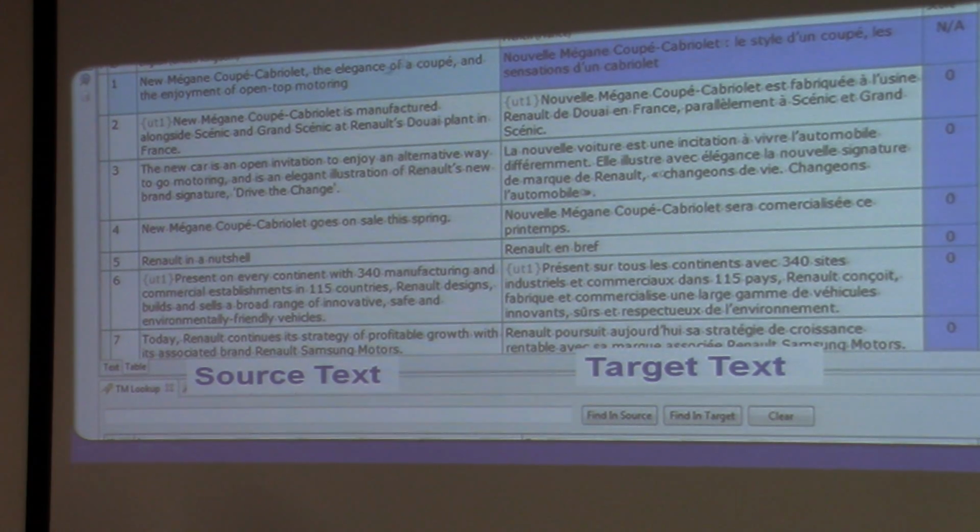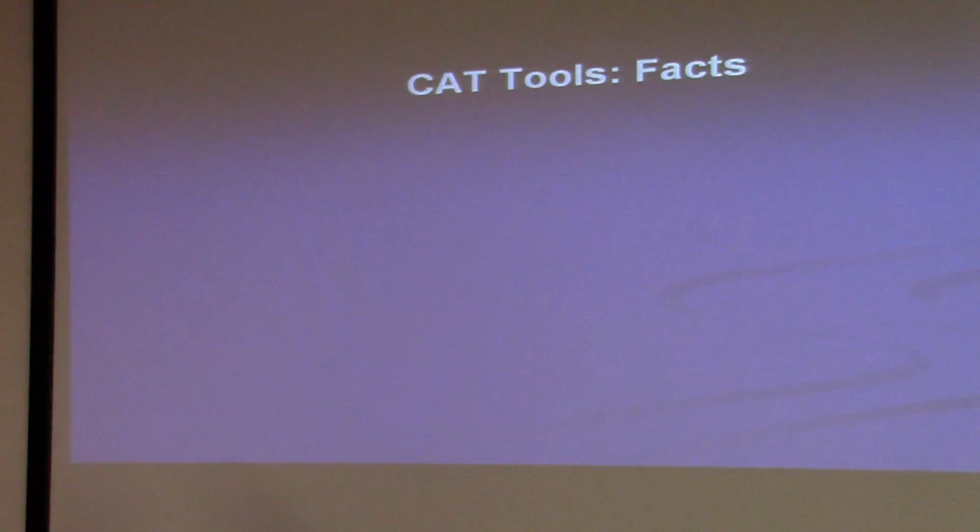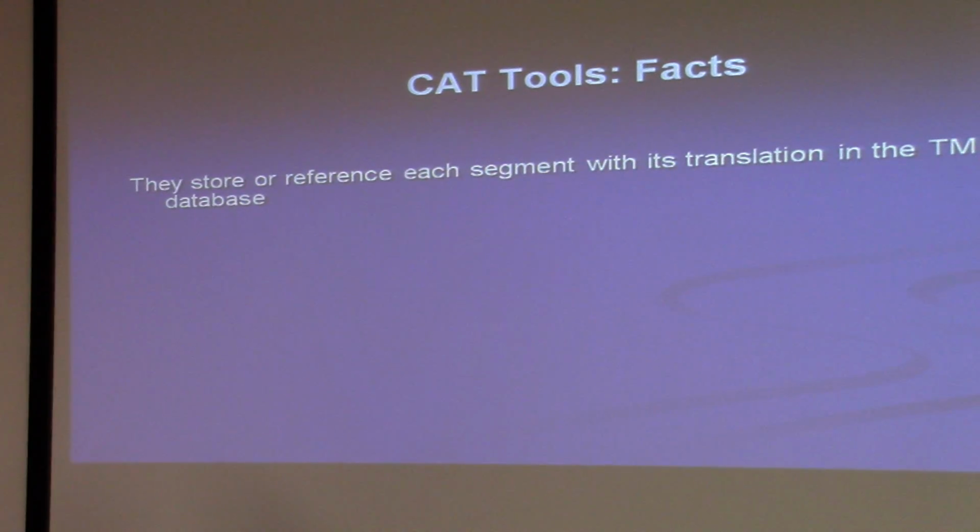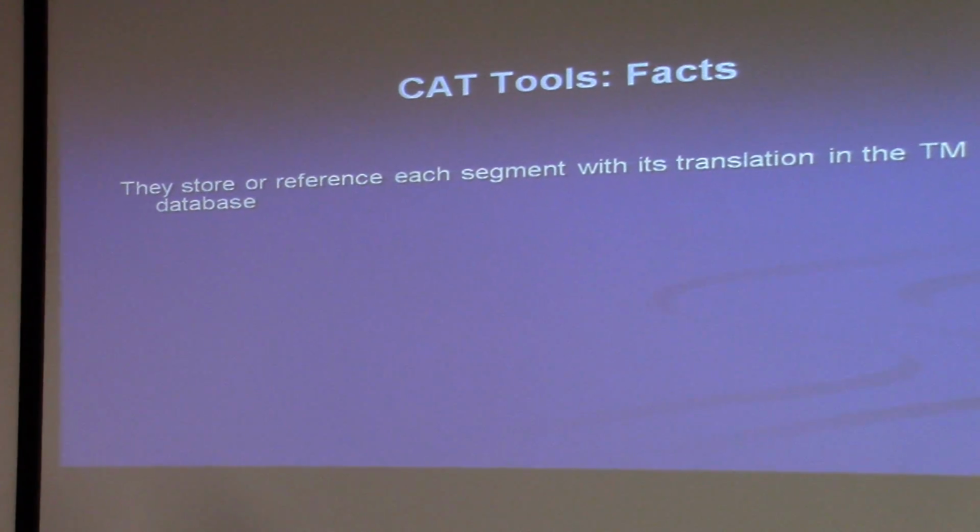The job of the CAT tool is to suggest already translated segments, words, phrases, and to present them to you. So the database builds up in time, and that's what you can see here. As you saw, each segment, the source and the target, is stored in the TM database.